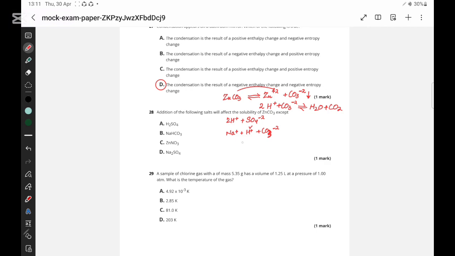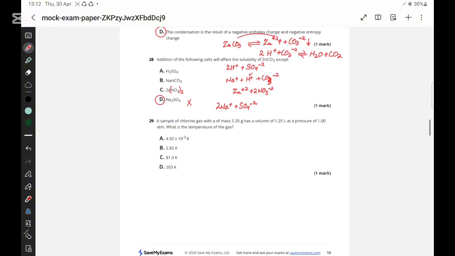With zinc nitrate, it forms zinc 2+ plus 2 nitrate ions. It increases the quantity of zinc ions here, and the equilibrium will move towards the left-hand side. For sodium sulfate, it is going to have 2 sodium ions plus sulfate ions, which have no common ion with zinc carbonate, so it is going to have no effect on the solubility of zinc carbonate. So our answer is going to be D.